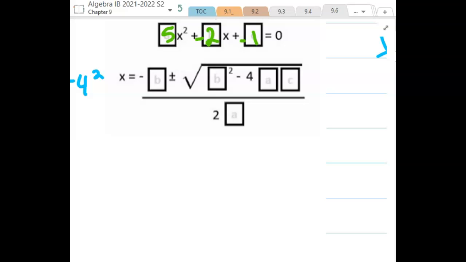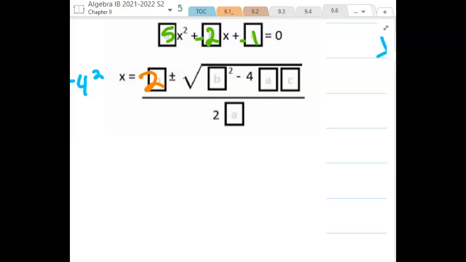So my formula says x equals, first thing, and let's get in the habit of doing this, I need the opposite of b. So if b is negative 2, what's the opposite of negative 2? A positive 2. So I'm going to write over that negative so we don't think we haven't already done that. The next thing, plus or minus the square root, underneath the radical. Huge here, guys.